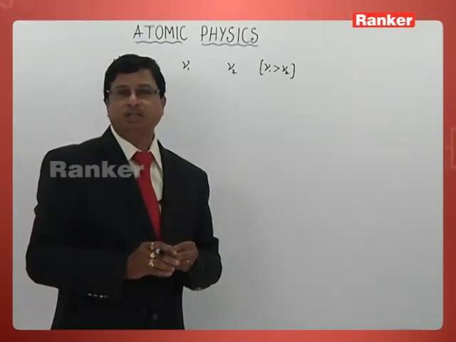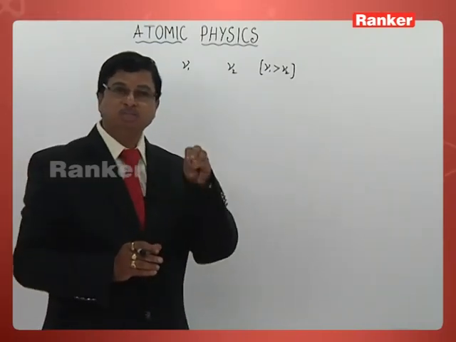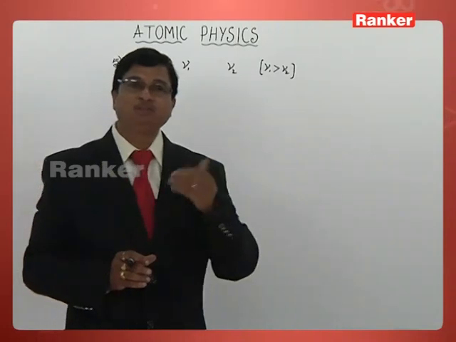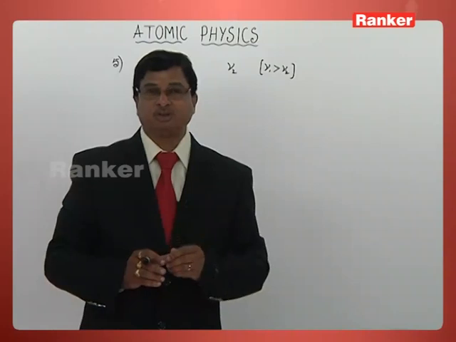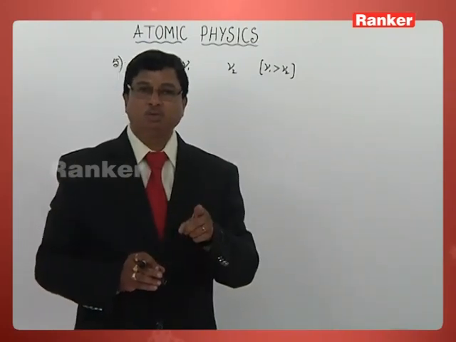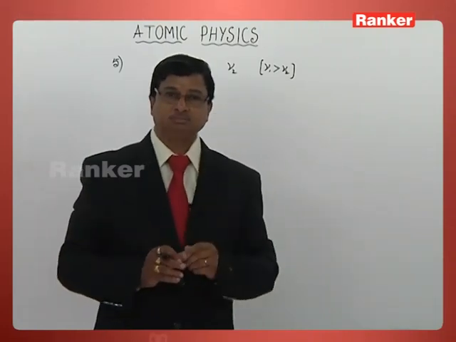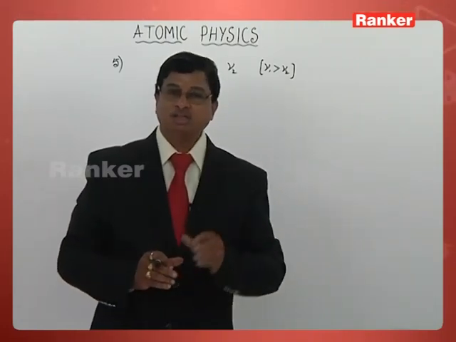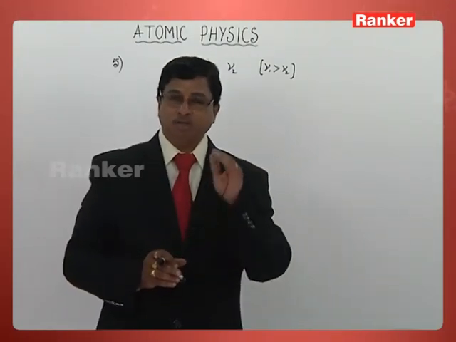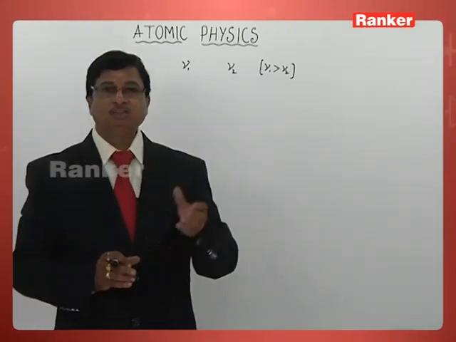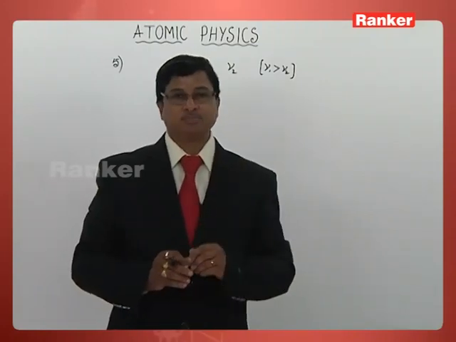Very simply speaking, the kinetic energy of the electron emitted is going to be more in the first case than in the second, because kinetic energy of the emitted electron is directly proportional to the frequency of incident light on the metal. So nu1 greater than nu2 means the kinetic energy of the emitted electron in the first case is greater than in the second case.